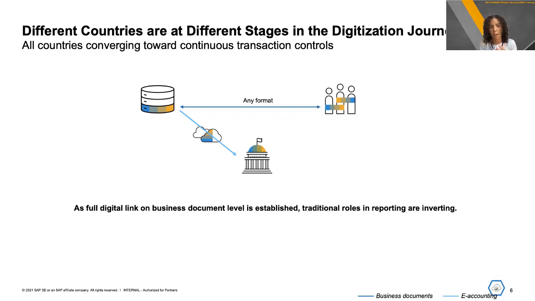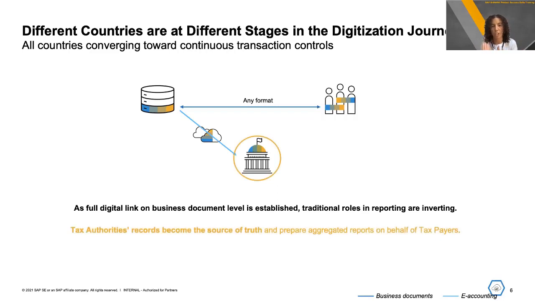So this one is exactly what we are trying to fulfill when we say continuous transaction control. So when we share document in real time, we create a digital link between our system, which is S/4HANA, and the government. And that digital link is sufficient to get tax authorities to become the source of truth.